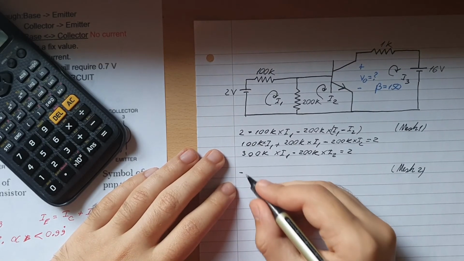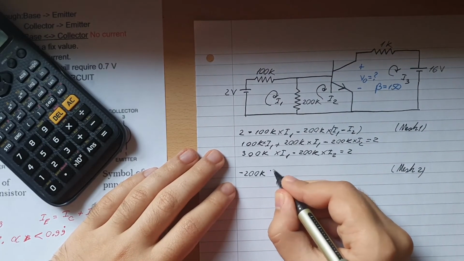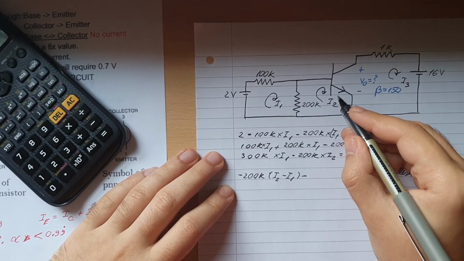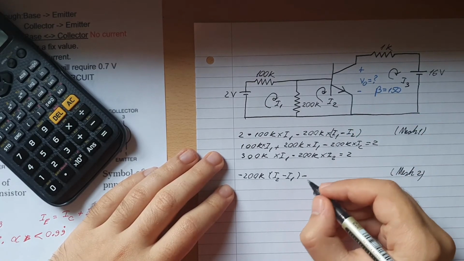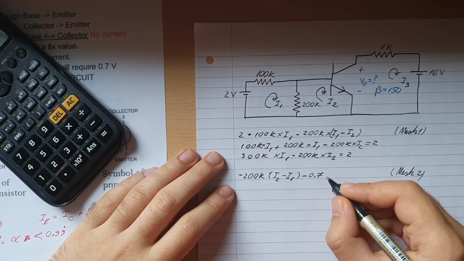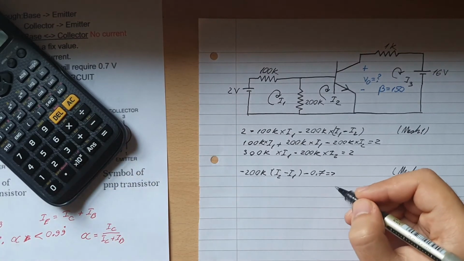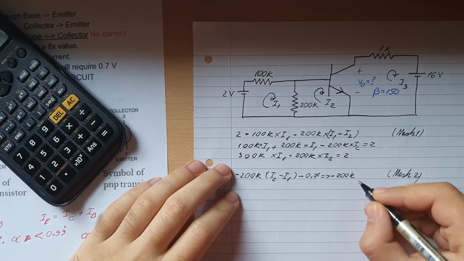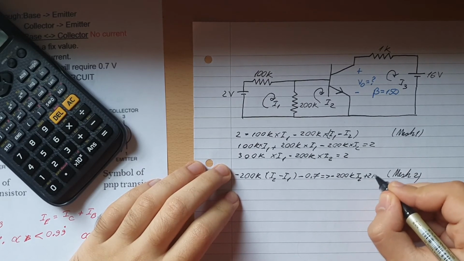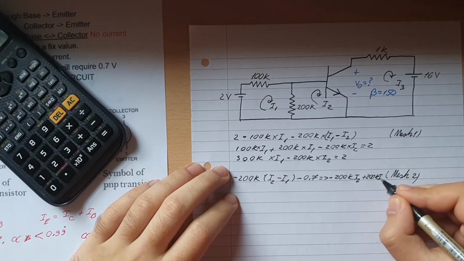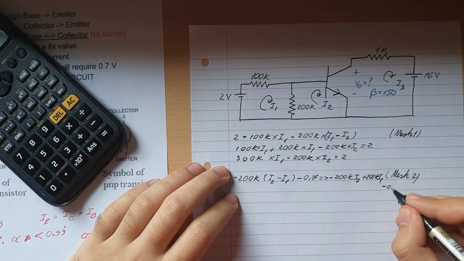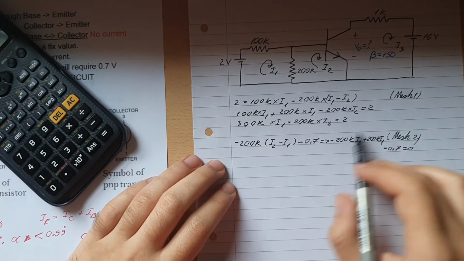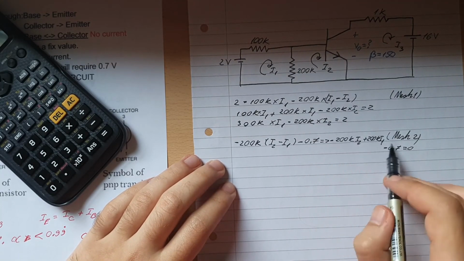This one will be 200K, this time I2 minus I1, minus the 0.7 volts from here, and therefore we get minus 200K I2 plus 200K I1 minus 0.7, that is equal to 0. Alright, so now we have the two simplest forms of them.